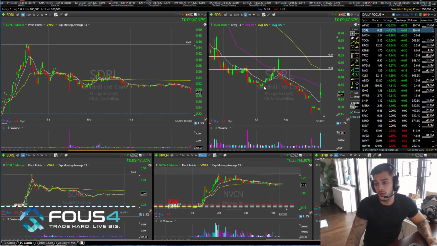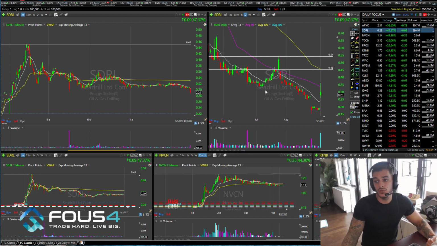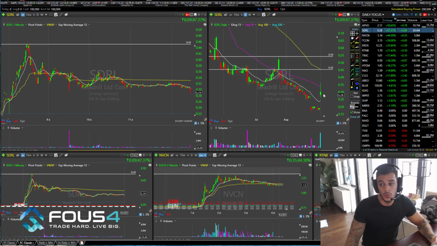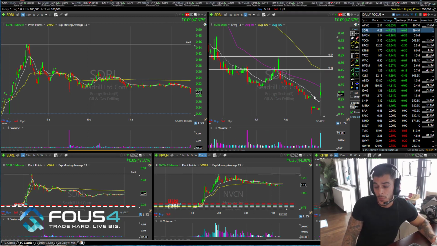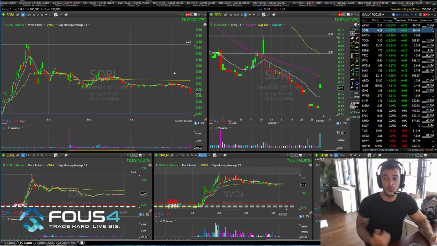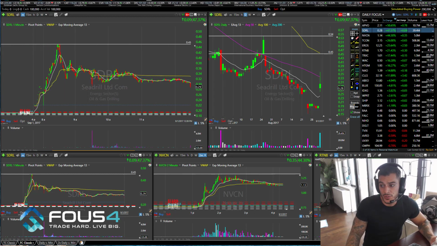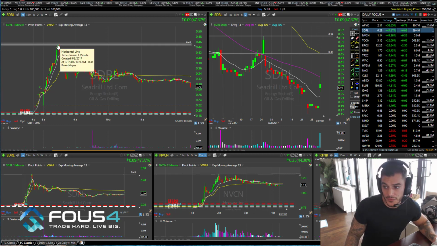So I like to use not only whole numbers, but certain moving averages that are commonly used in technical analysis to end up being support and resistance levels on the stock. Looking at a couple of examples that occurred on Friday, SDRL was an oil stock that gapped from about 19 cents the day before to as high as 45 cents.